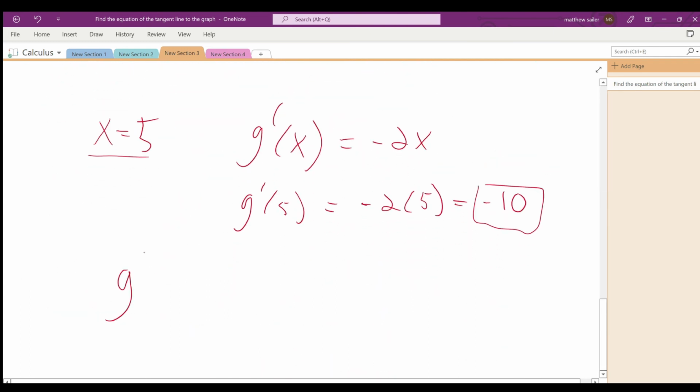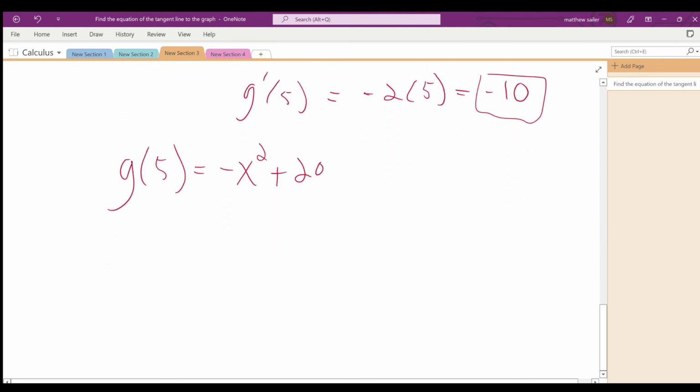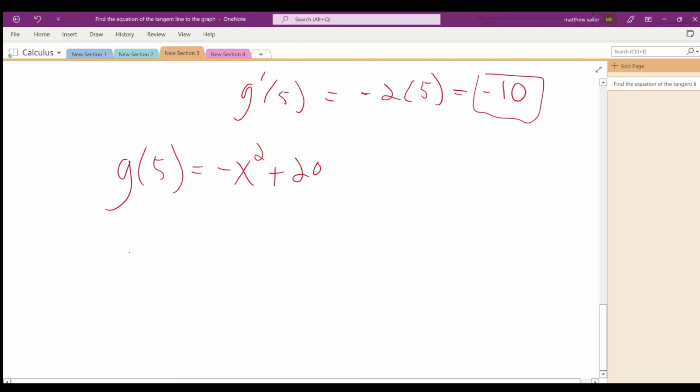So g, again, this is the original function now, not the derivative. G of 5 is equal to negative x squared plus 20, as we found before. And so g of 5 is equal to negative 25 plus 20. And g of 5 is going to equal negative 5. And actually, I think we already knew that from the initial condition, but oh well, we found it again.